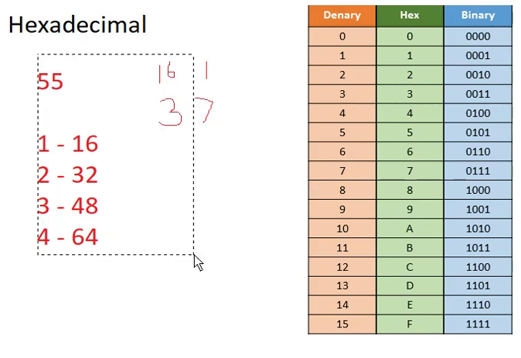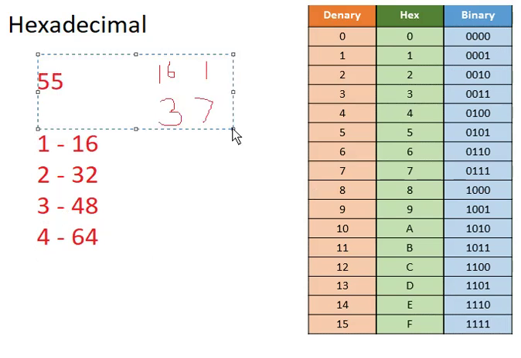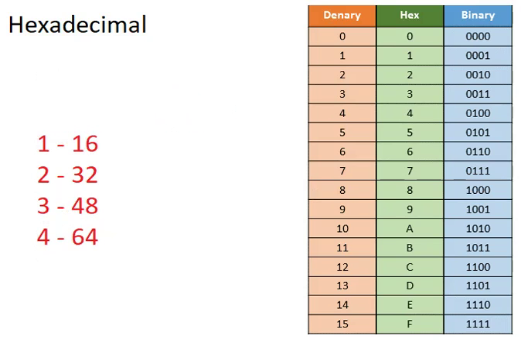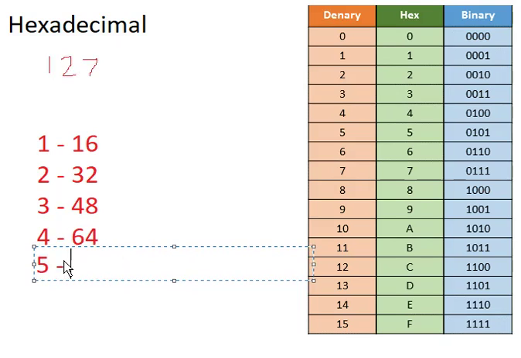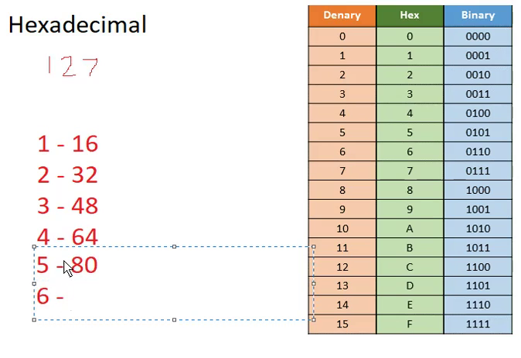Okay, let's try a different number. I'm going to leave up the times table, but I might have to add more to it. This one's 127, so we're going to need more numbers. So 5 times 16, you should know, is going to be 80. 6 times 16, 96.